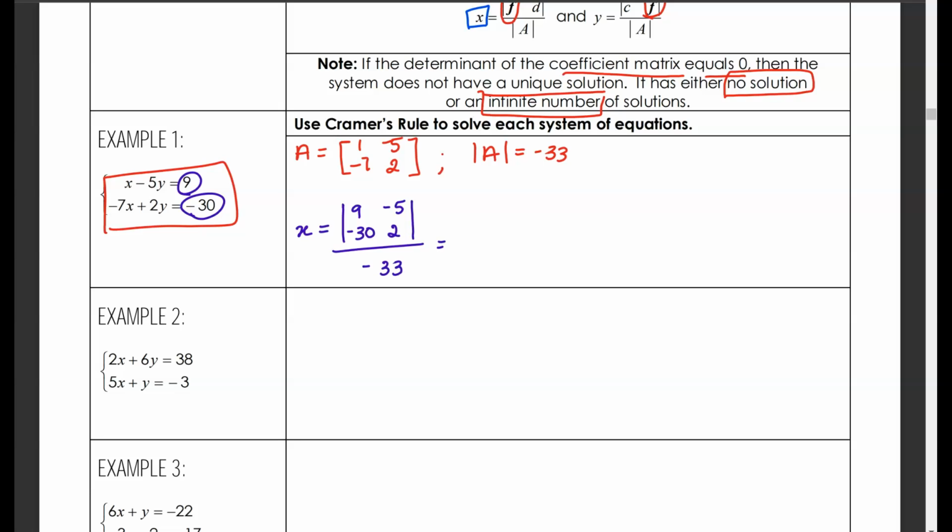Now we calculate the determinant of that top piece: 9 times 2 plus -30 times -5. That's going to give us -132 over -33. When we divide this, it equals 4.